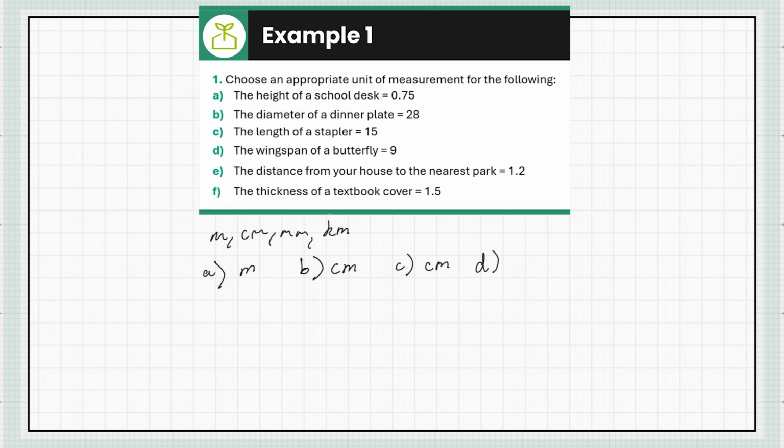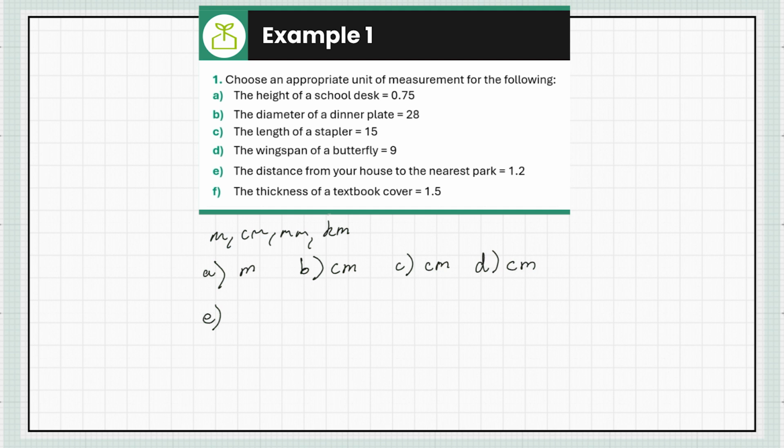D, the wingspan of a butterfly. I'm going to say for this one 9. Assume it's quite a large butterfly. Insects range in size, so you'd be happy to write centimeters or even millimeters for this one. If we look at E, the distance from your house to the nearest park is 1.2 what?